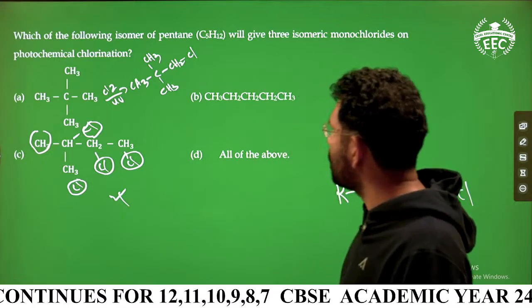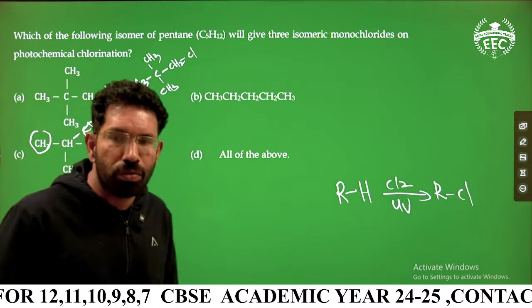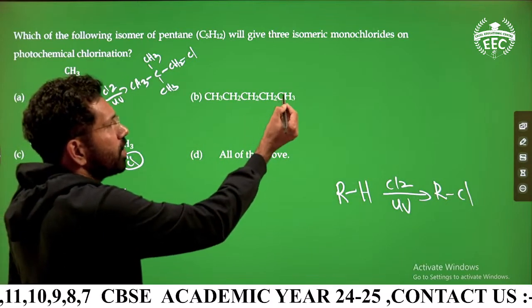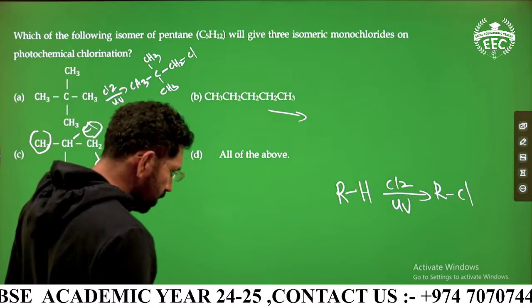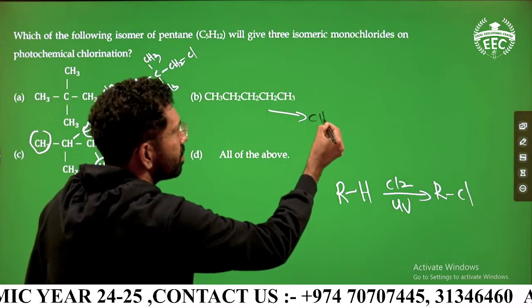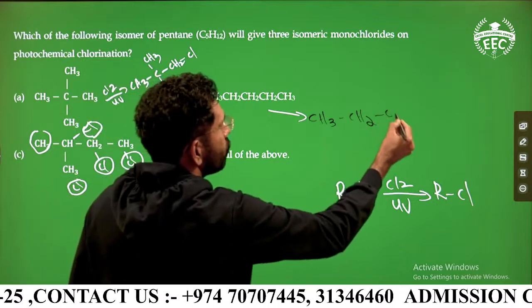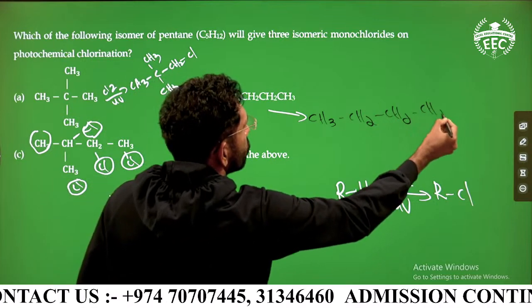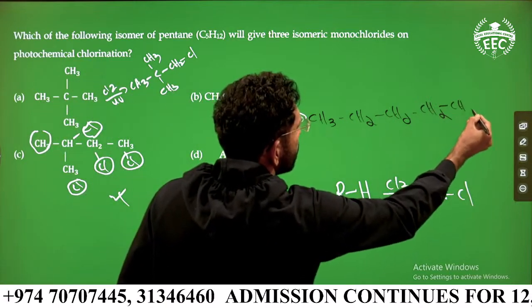I am going to explain now. See, this is the compound you have. Here you can replace by chlorine, and here you can replace by chlorine, and you will get a compound like this. This is CH3, CH2, CH2, CH2, then 1, 2, 3, 4, then 5. The 5th one we can replace by chlorine.